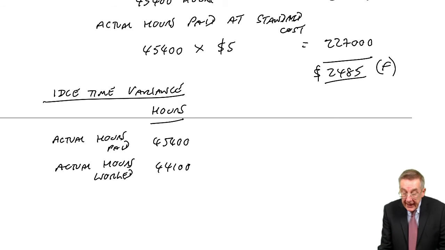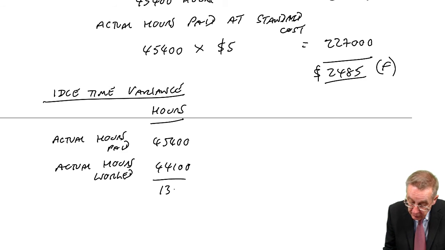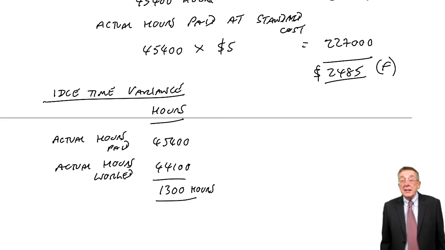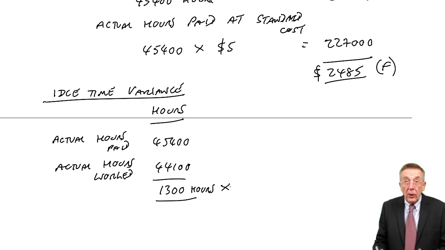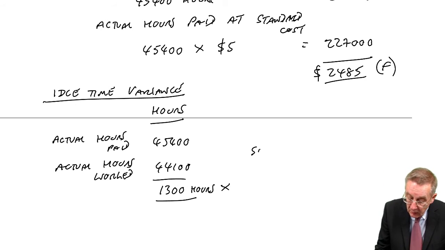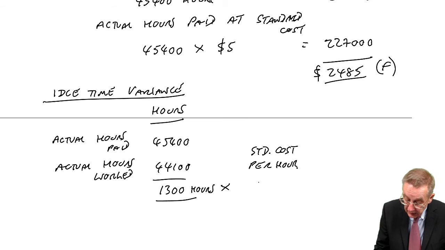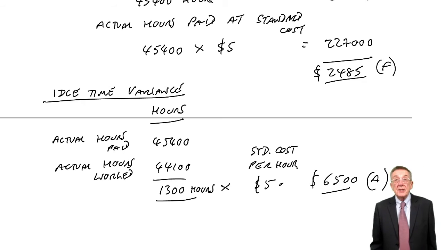And so we paid them for the difference, 1,300 hours. We paid them for 1,300 hours when they weren't working. And if they're not working, again, that's obviously losing us money. And how much would it have lost us if that's all that went wrong? Well, at standard cost per hour, which was $5, that would have cost us 6,500. It's adverse. That on its own lost us money.